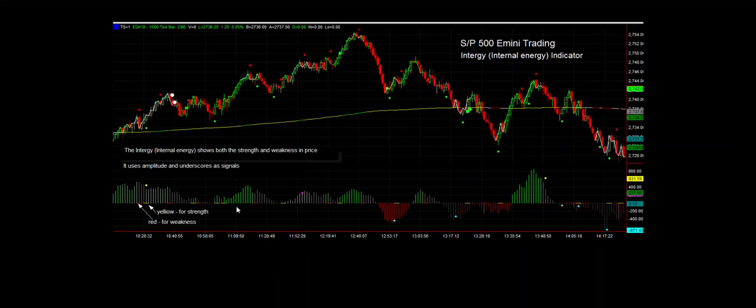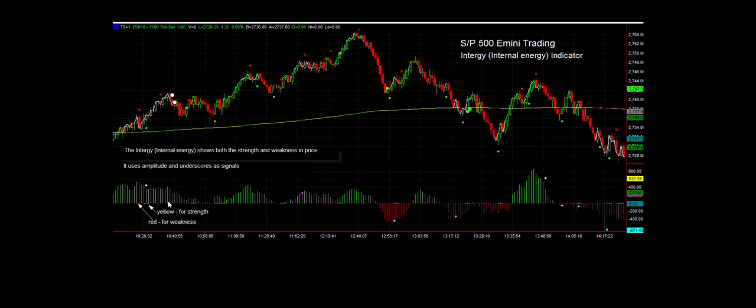This is the Intergy indicator, and it just stands for internal energy. The internal energy shows both the strength and the weakness in price, and it uses amplitude as signal. The way that the histogram works is if it's green, then the price is strong.